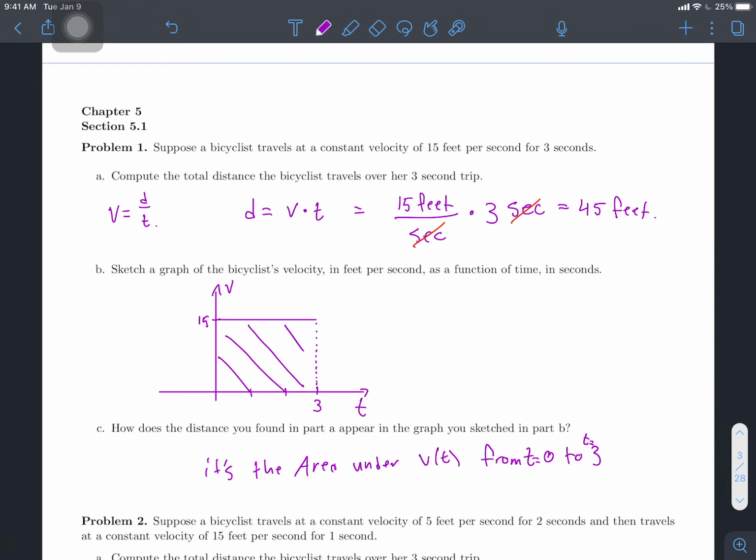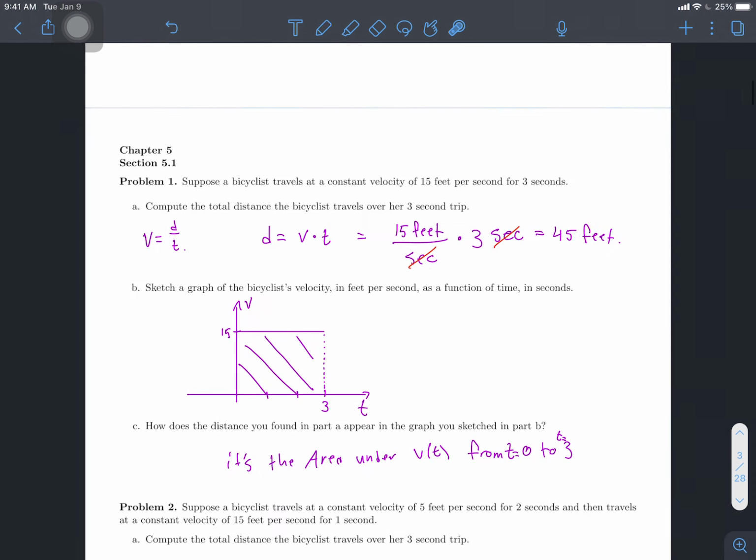Okay? So we have a point where we start counting and a point where we stop counting, right? We don't just carry this on forever. We're only interested in the first 3 seconds of the trip. Okay. Any questions on problem number 1?